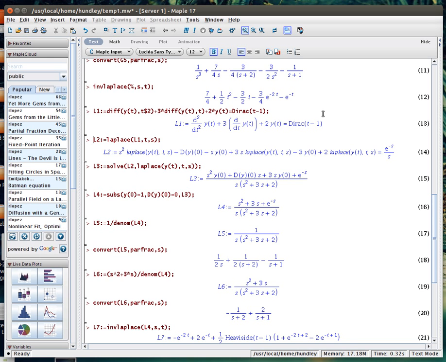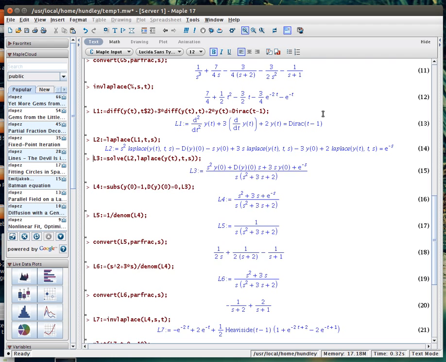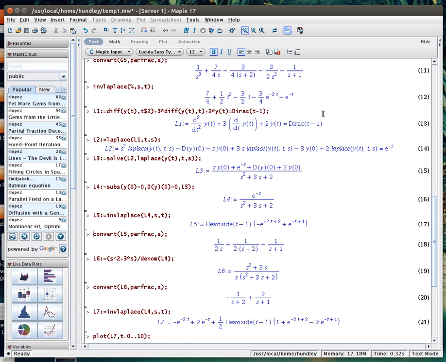And so if we had 0 initial conditions, for example, let's go ahead and see if we can solve that with 0 initial conditions. Really nothing's going to happen until time 1. And so let's go ahead and invert that transform. So inverse Laplace of L4 st, and it should be 0 until time 1. Yeah, so this function is 0 until time 1, and then something happens at time 1.